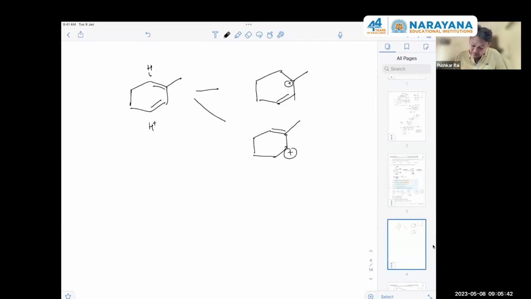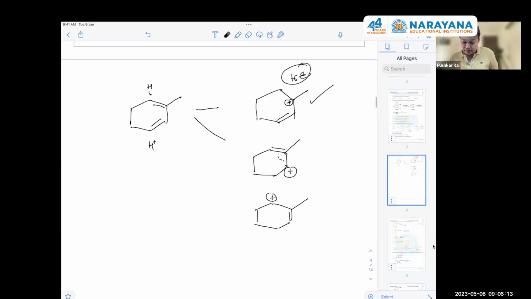Now, of course, this intermediate is also stabilized like this, with the carbocation at these two centers. But as you can see, this transition state is more stable if you are getting this, because not only is it stabilized by this, it is also tertiary. So this is more stable. So the kinetic product should be approaching this behavior, and the thermodynamic product should be approaching the second behavior. That's my opinion. I've not seen the solution.